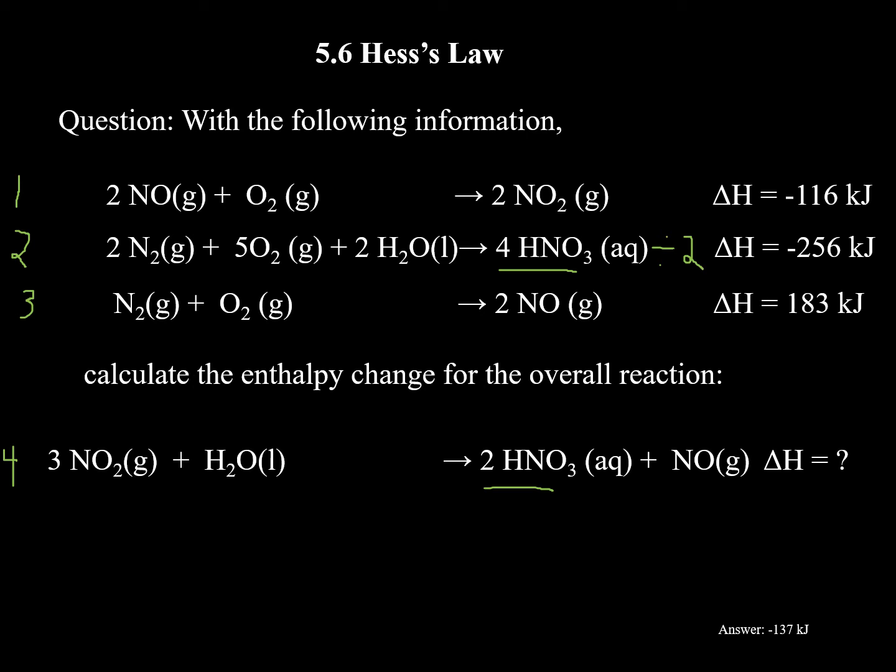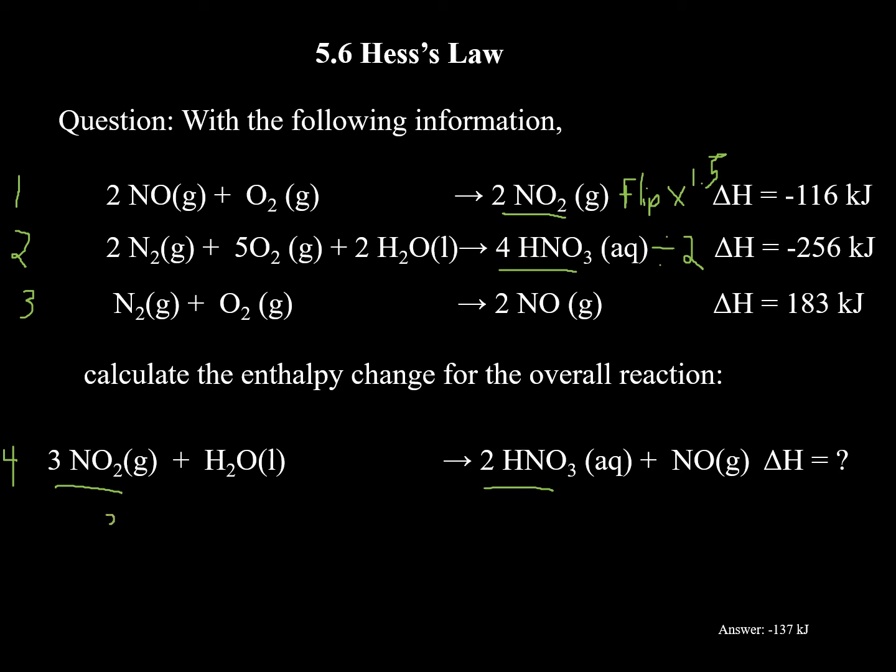The second thing to realize here is the NO2 appears in the reactants. It only appears in line number 1. So what we have to do is flip to get it onto the reactant side and multiply by 1.5 so that we get 3 NO2.